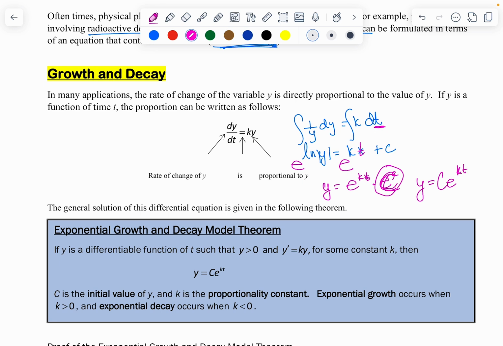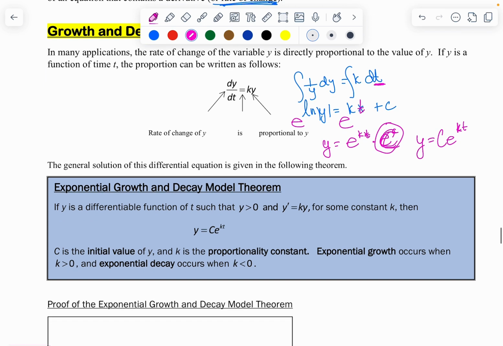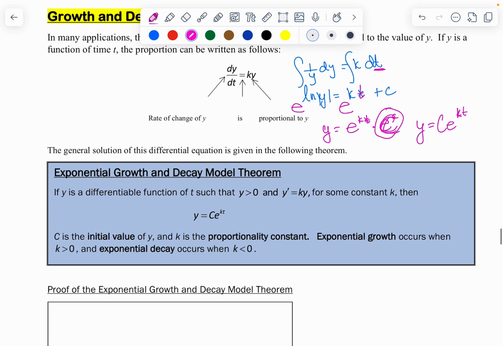So we don't want to have to do that every single time, especially when we get into logistic functions a little bit later. So it is a good idea to memorize the model theorem for exponential growth and decay. So if y is a differentiable function of t such that y is greater than 0 and y prime, or dy/dt, is equal to ky for some constant, this is the general solution, right?